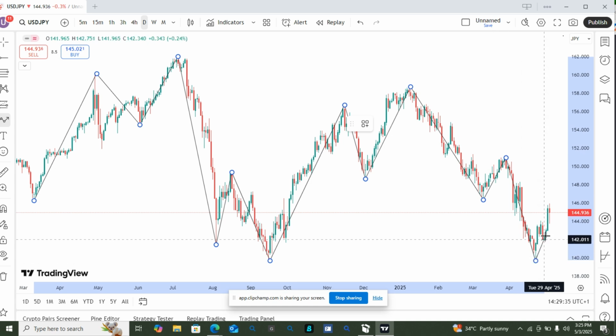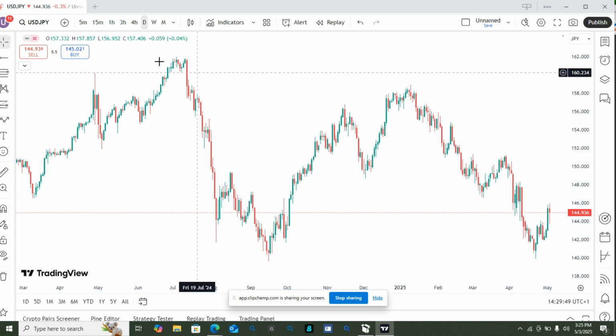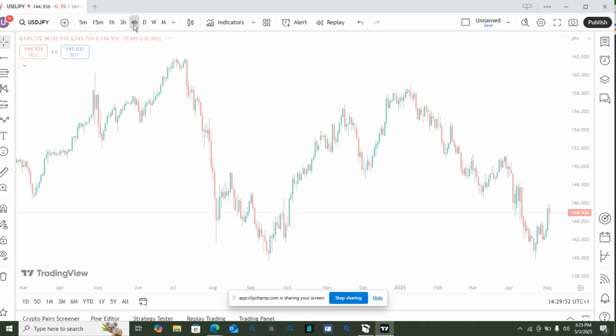We are going for where? For a lower high. So this is a retracement, which the price is already trying to react at this zone. So currently on the daily time frame, we are what? Bearish. So let's go down to the 4-hour time frame for final analysis.